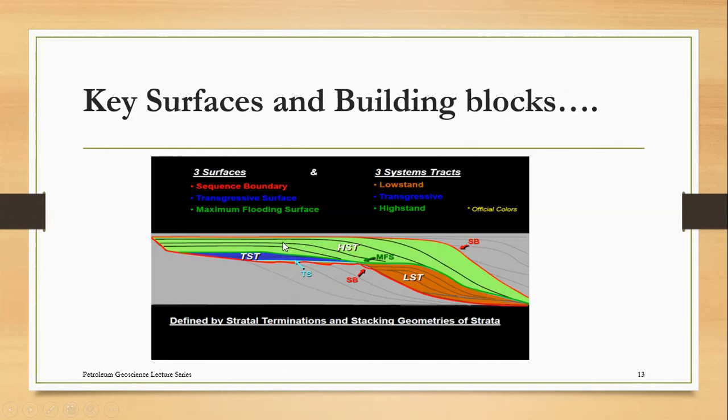And in most cases, because this place will be aerially exposed, and then you have erosion here, you have some truncation, just like you find here. Because here you're seeing a prior HST. So you can see the truncation I just mentioned. You can see the way this erosion truncated it. So that's basically what you find in terms of key surfaces and building blocks of sequence stratigraphy.